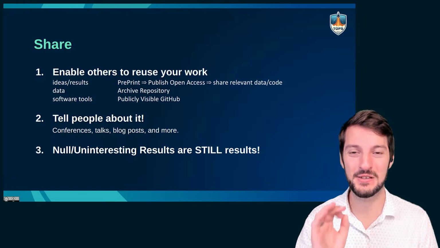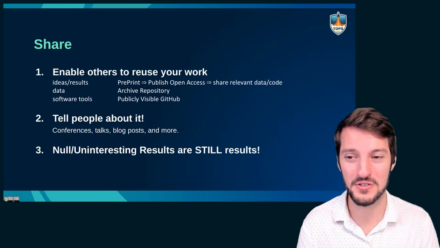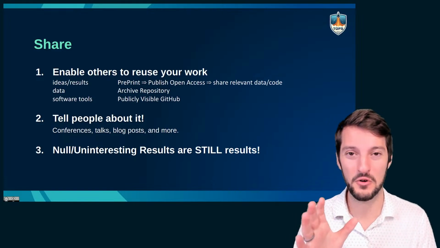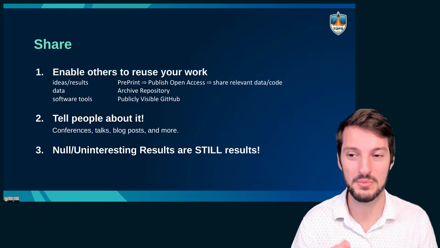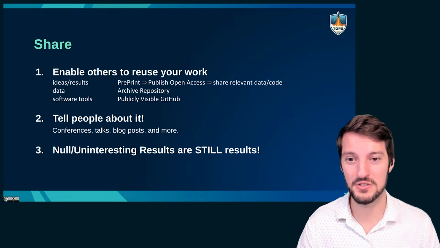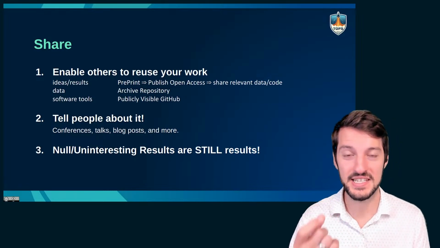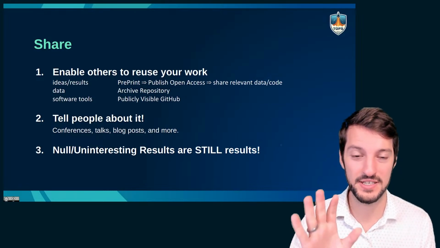And it's so frustrating because I don't know a single person who actually wants to pay, I think like $20 or whatever it is, to access a given article through a paid journal publication or paid journal subscription. So if you want to enable others to reuse your ideas and your results, then you should publish open access, and that guarantees that it is free for access for all time.